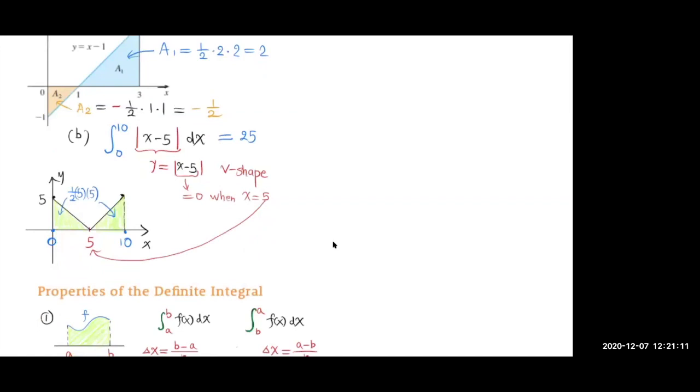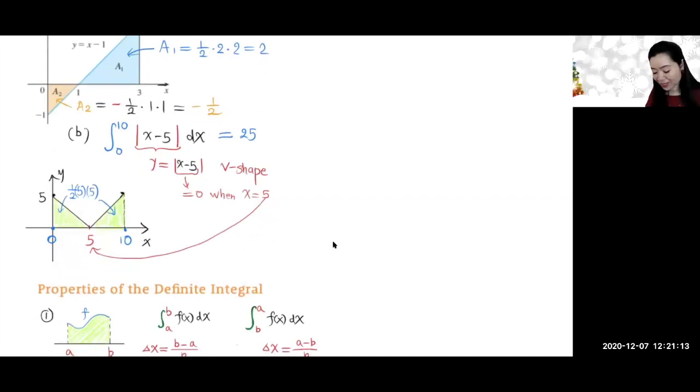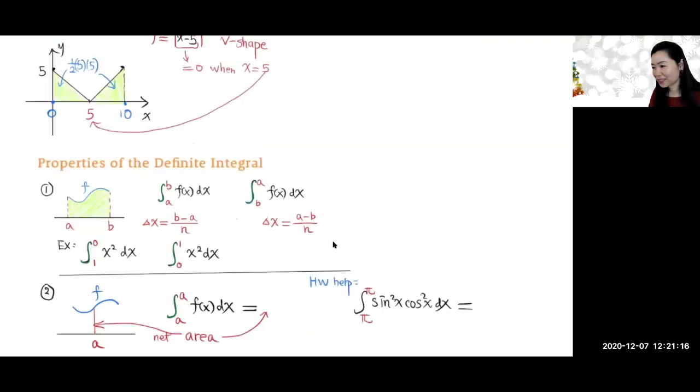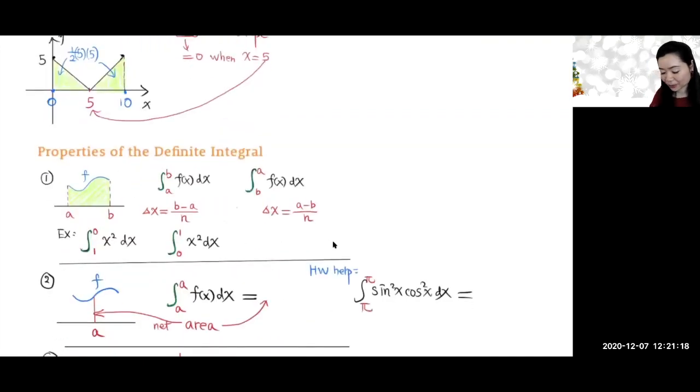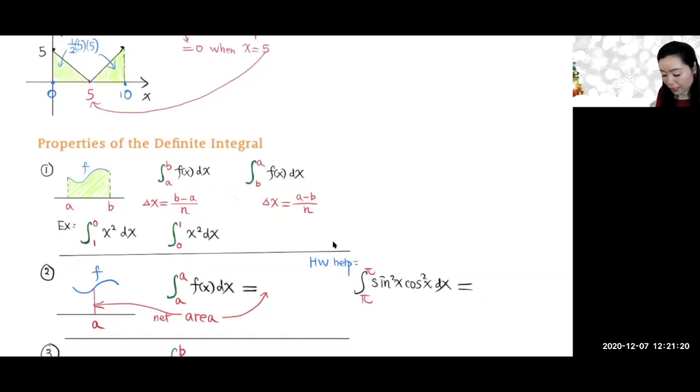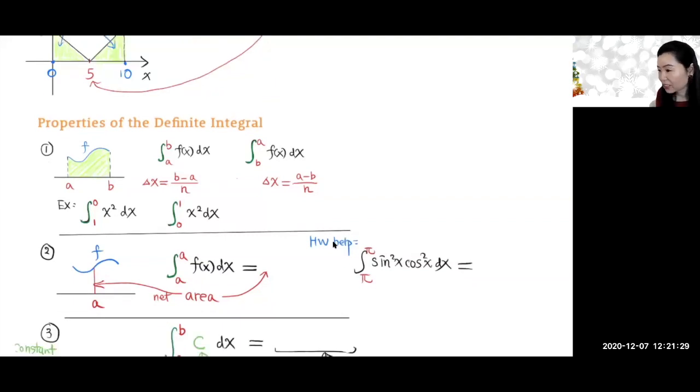Yes, thank you. Okay. Now we're going to talk about some properties of definite integrals. Now, with these two integrals, you switch the upper and lower limit. So a and b switch places. Now remember, when you use Riemann sum, delta x is the upper limit subtract the lower limit and divide by n, right?